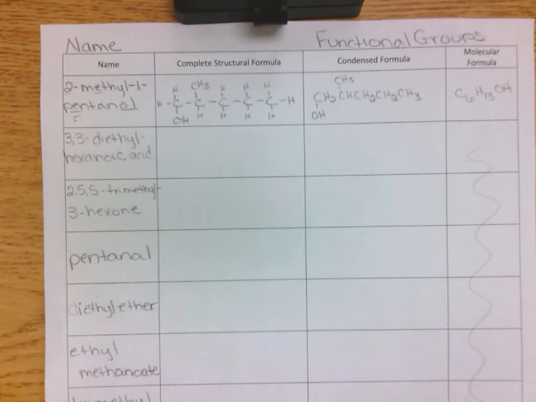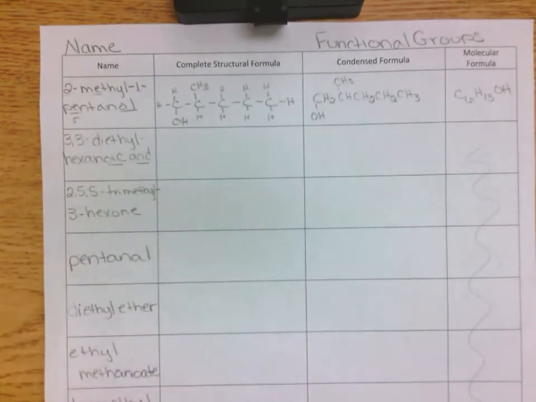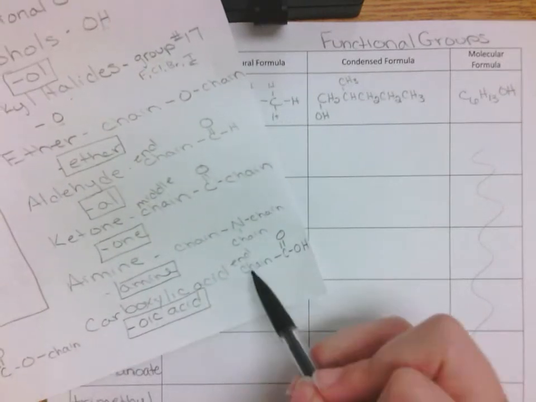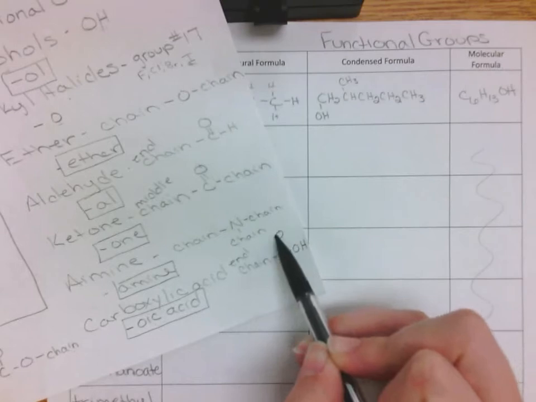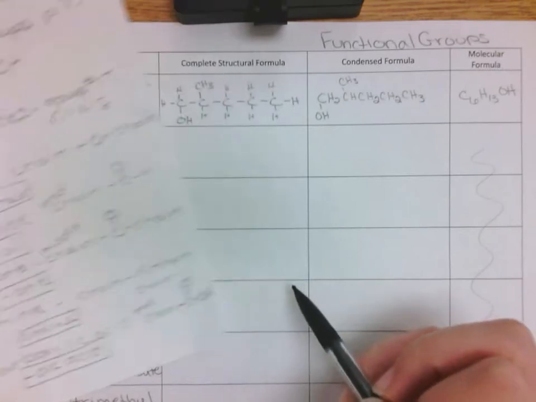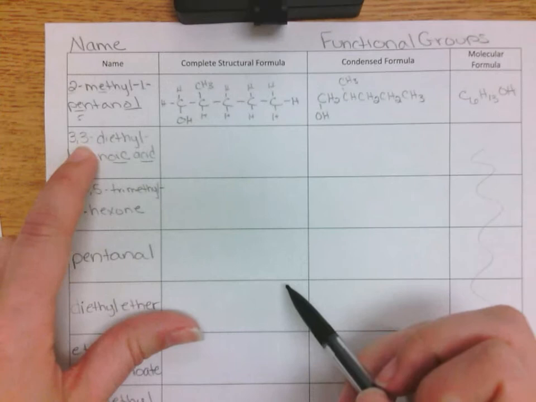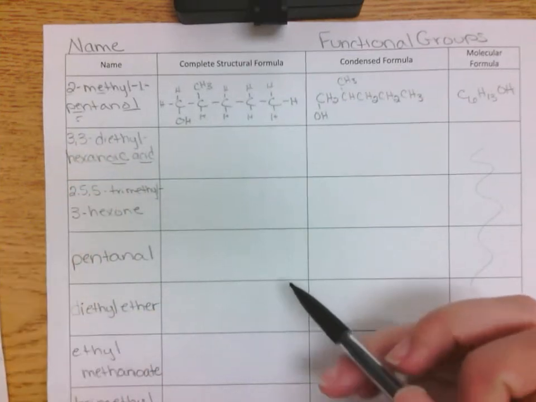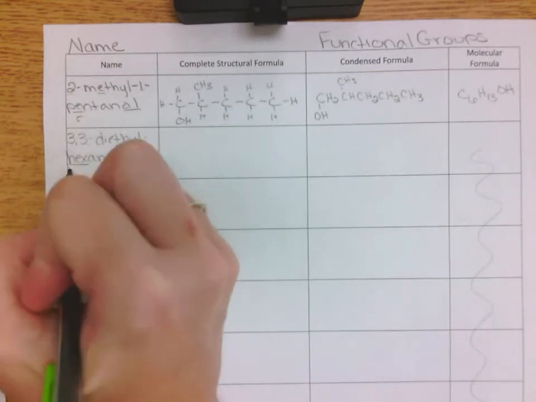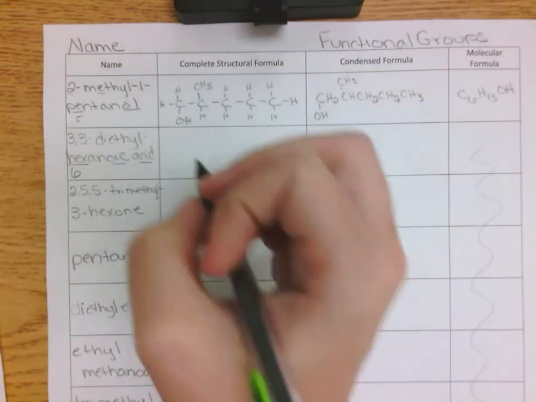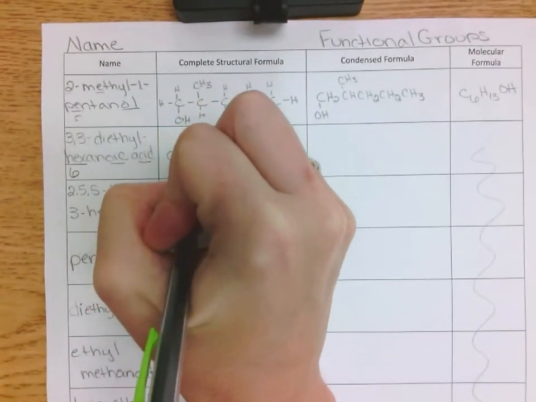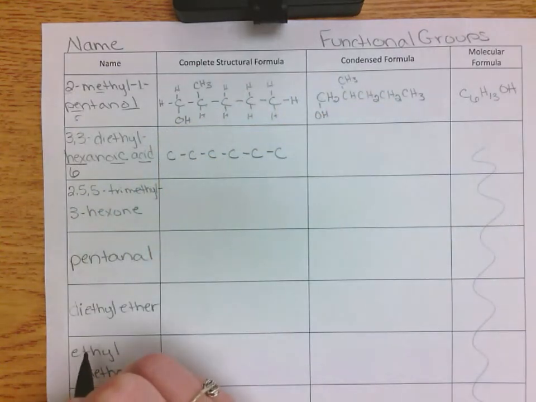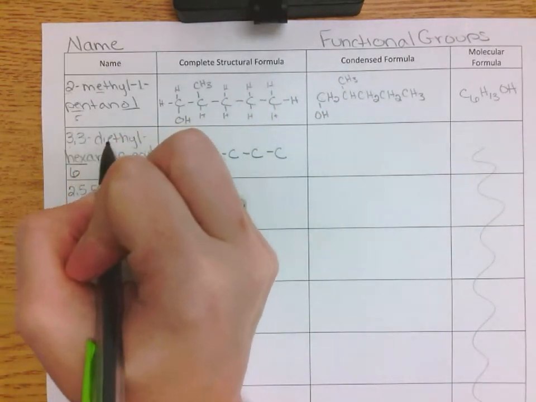Alright, on the second row, this ends in oic acid, so that tells me, back on my functional groups, it's a carboxylic acid. So I'm going to have a chain of carbon, and then I'm going to have this structure on the very end of it. 3,3-diethyl hexanoic acid. So when we draw them out, it's easier to start with the chain. Hex tells me 6 carbon. 1, 2, 3, 4, 5, 6. 3,3-diethyl.